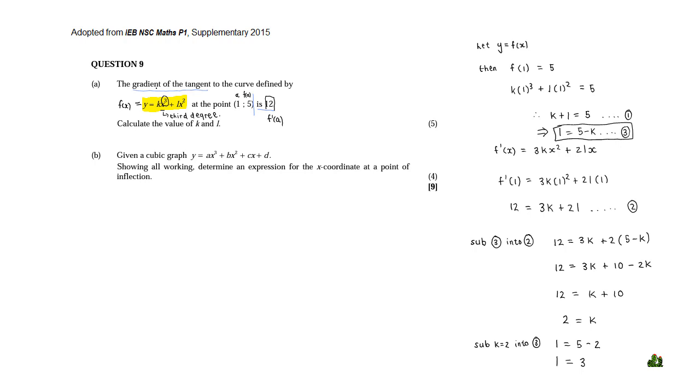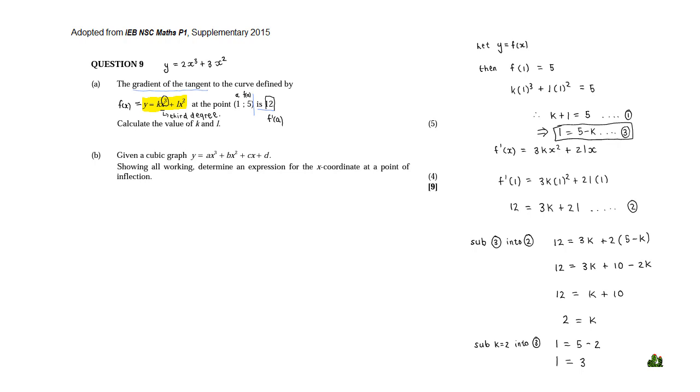So it means that your initial cubic function is defined by the equation y is equal to 2x cubed plus 3x squared. That is just the equation of your cubic function.